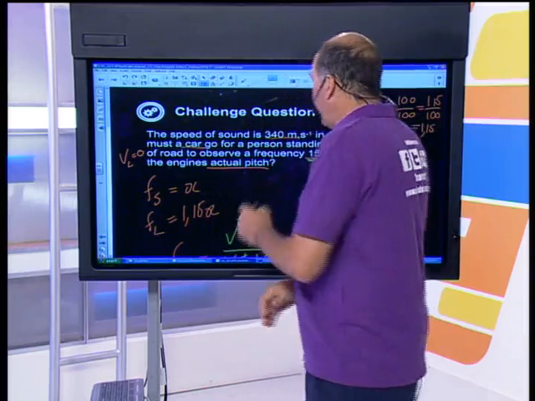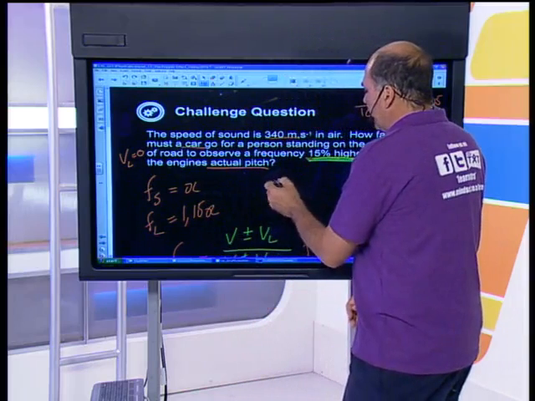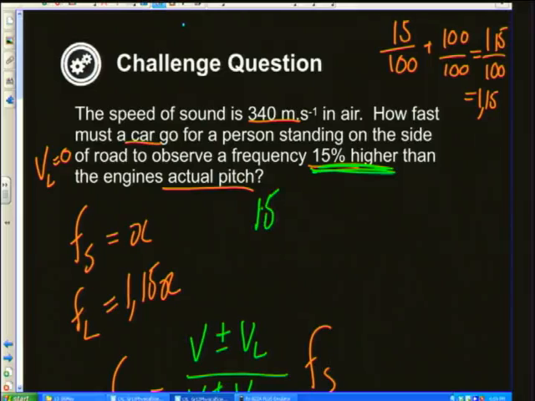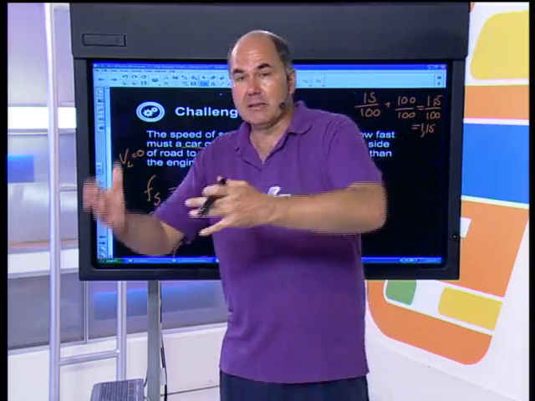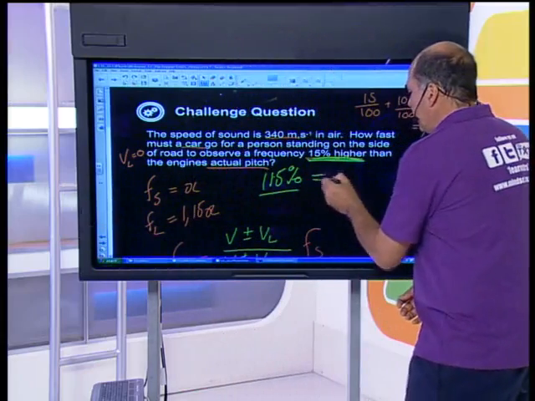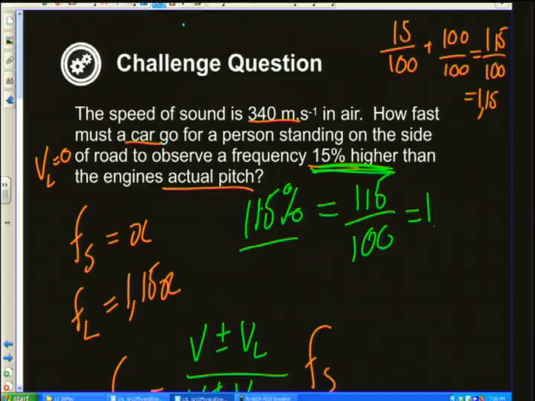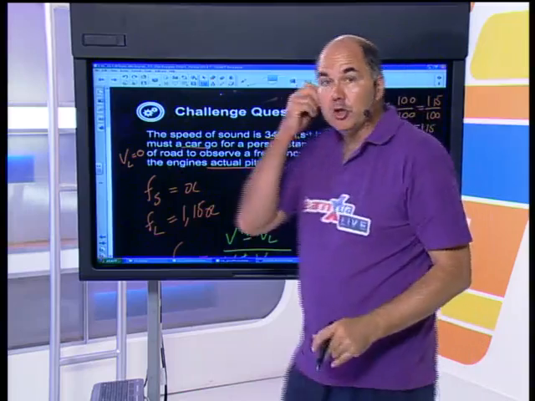So please be very clear about it. Watch the Maths Lit if you're not sure about working with percentages. 15% more means 115%. Because it's 100%, which is what your initial is, plus the 15%. And 115% is 115 divided by 100. And that gives you 1,15. And that's what you need to do.